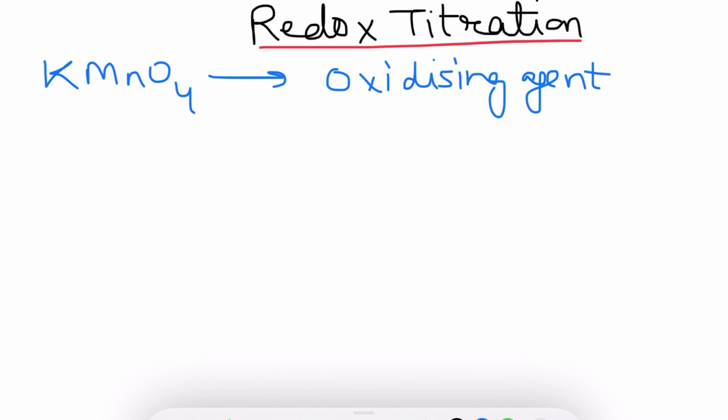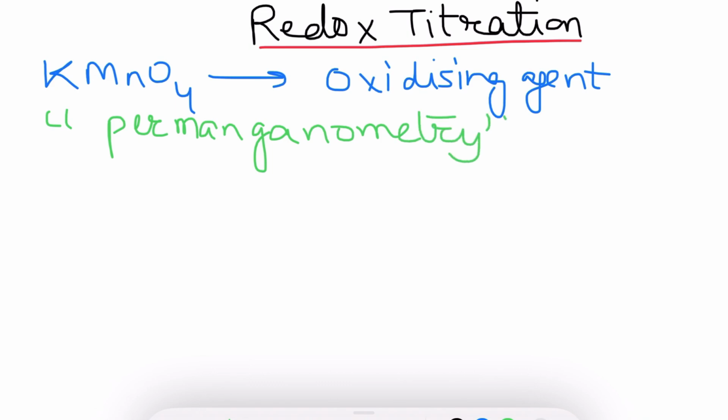Such titrations where potassium permanganate is used as a titrant are known as permanganometry titration, named after permanganate.